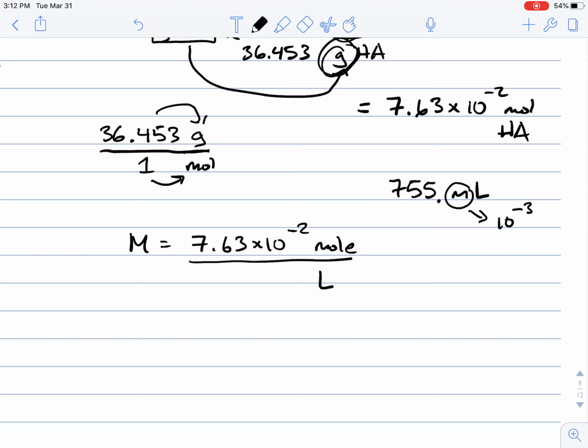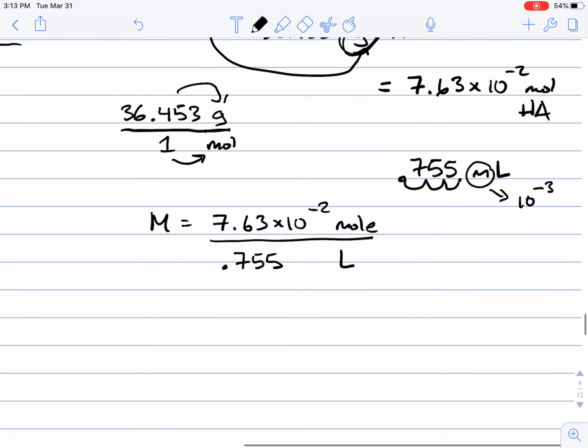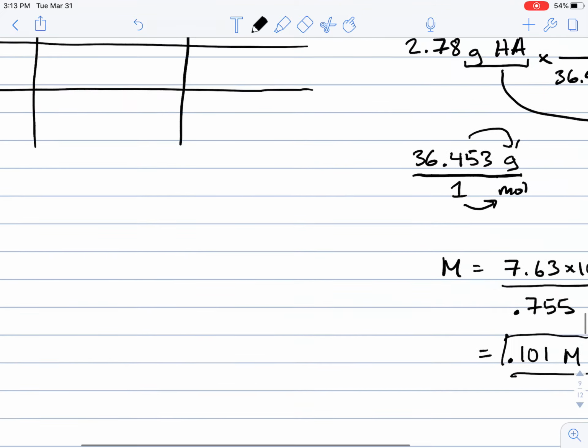So we're just going to take this invisible decimal and move it 1, 2, 3 places to the left. And so that's going to be 0.755 liters. Now when we divide both of these values, and when we're reporting this to the correct number of sig figs, it's going to be 0.101 molar concentration. And so this is going to be our initial concentration for HA.